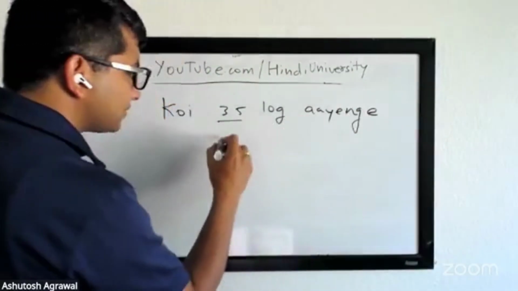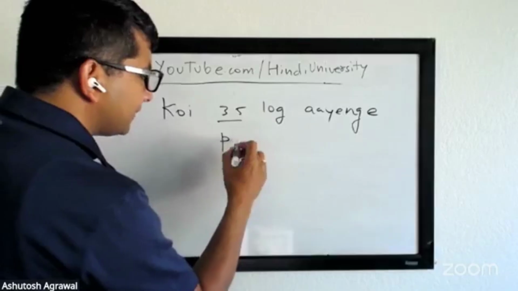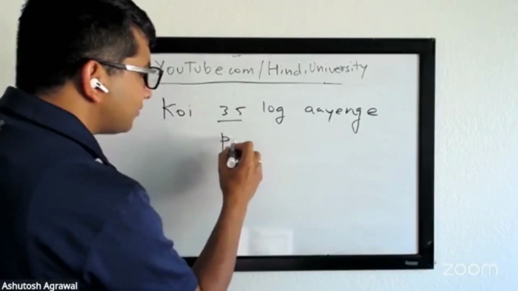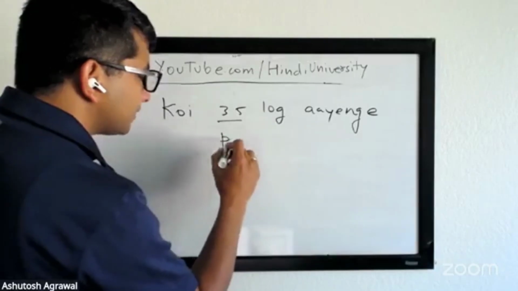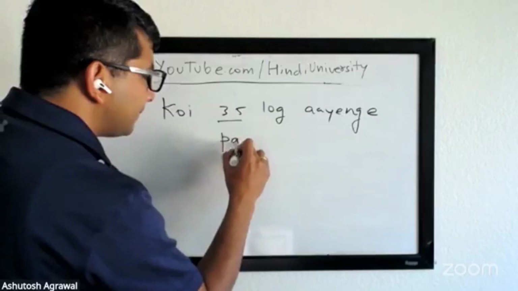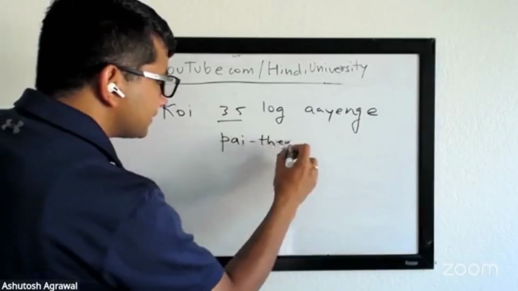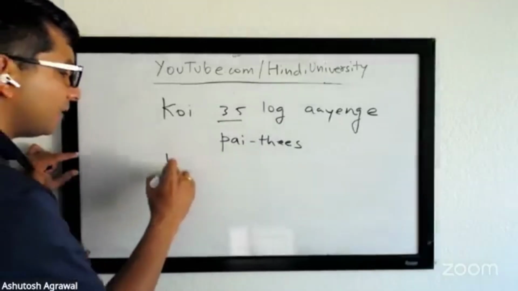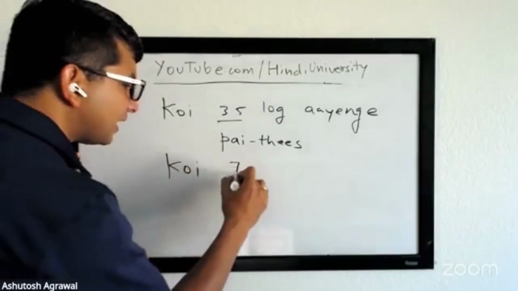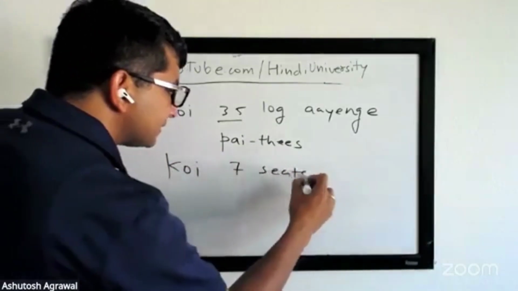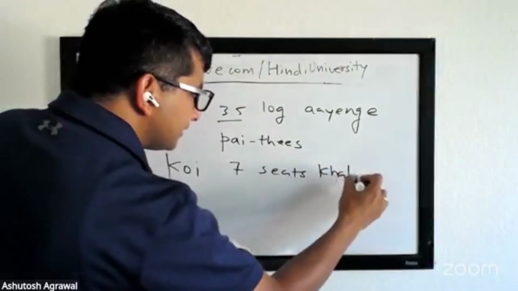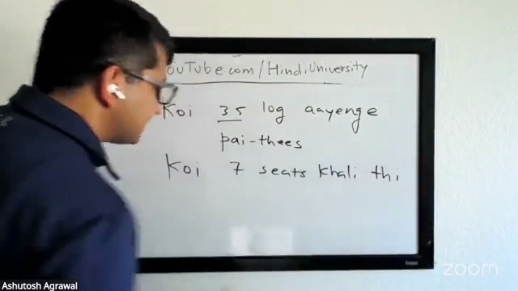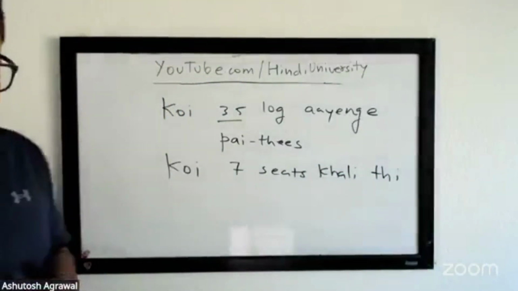Okay, 35. कोई 35 लोग आएंगे. And you can also say कोई 7 seats खाली थीं. There were about 7 seats empty.